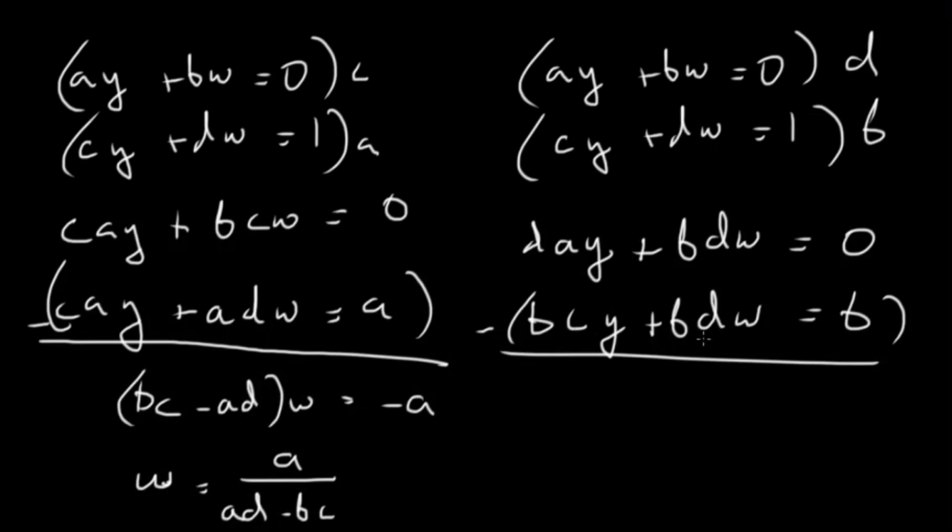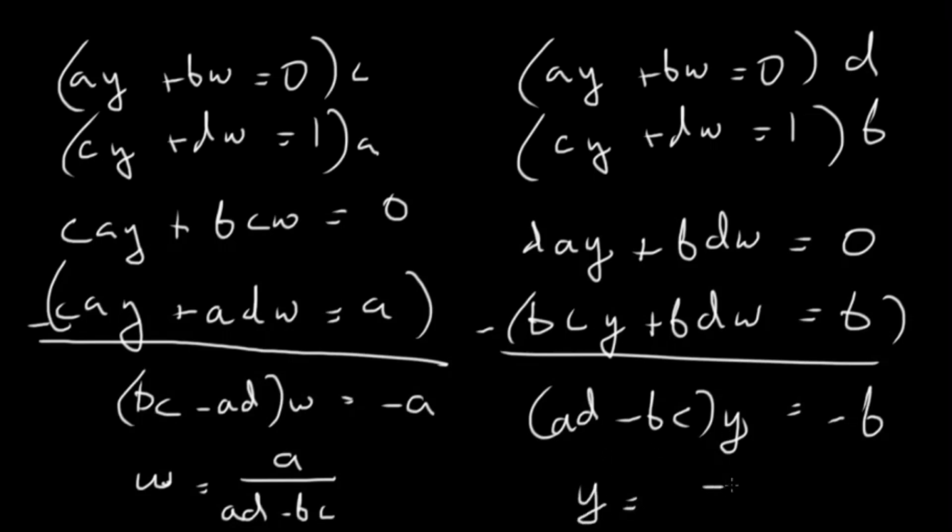I did something wrong here. No, I didn't. So that's AD minus BC times Y. This is 0. This is negative B. And then over here, I get Y is equal to negative B, all divided by AD minus BC. Cool.